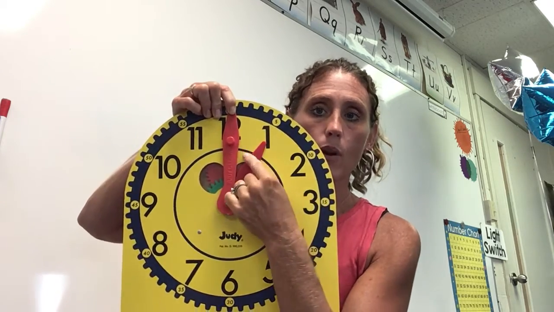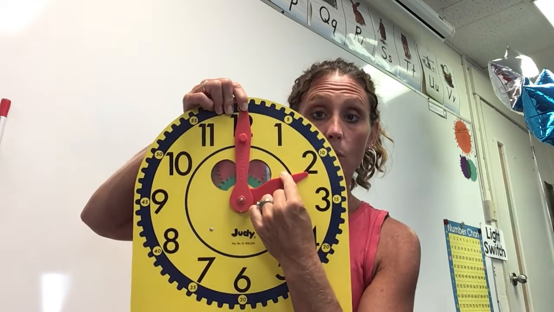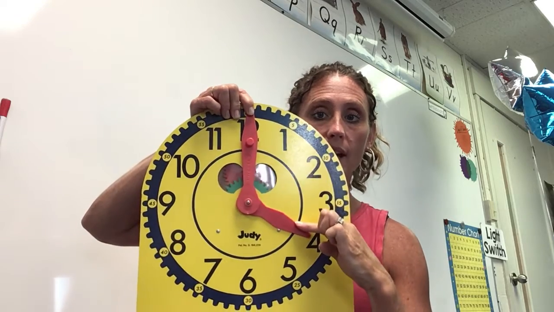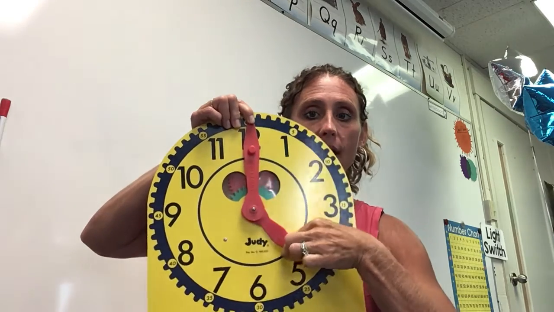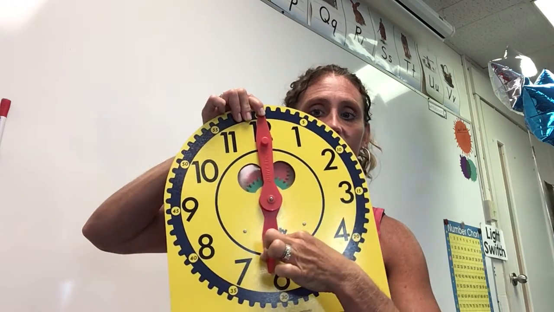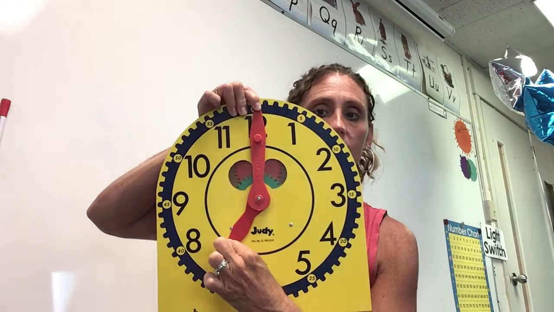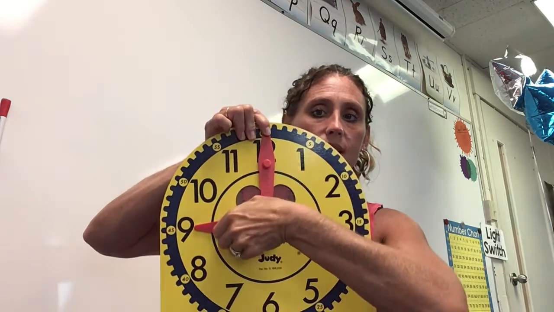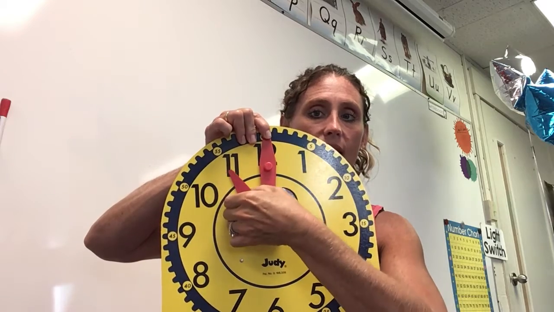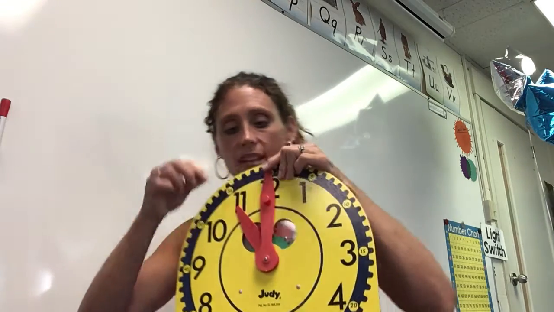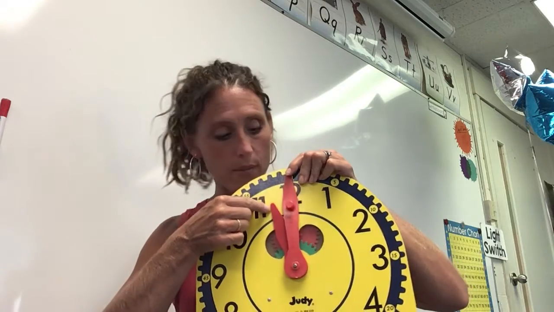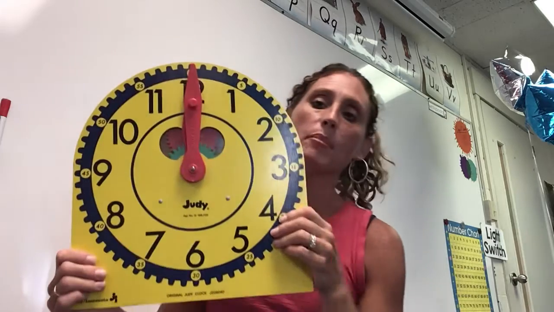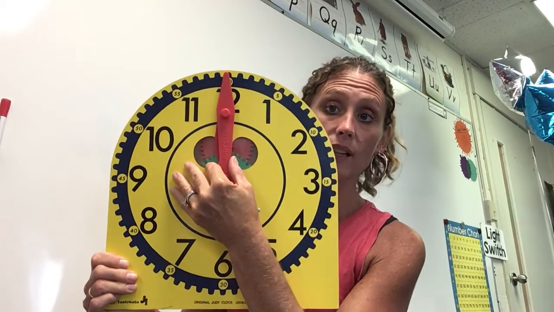Here we go. 1 o'clock, 2 o'clock, 3 o'clock, 4 o'clock, 5 o'clock, 6 o'clock, 7 o'clock, 8 o'clock, 9 o'clock, 10 o'clock, 11 o'clock, and we're going to tuck our hour hand right behind that minute hand, and it actually looks like our hour hand disappeared. Okay, but that says 12 o'clock.